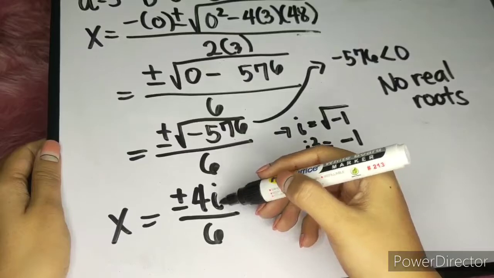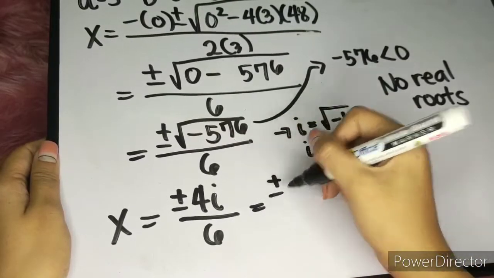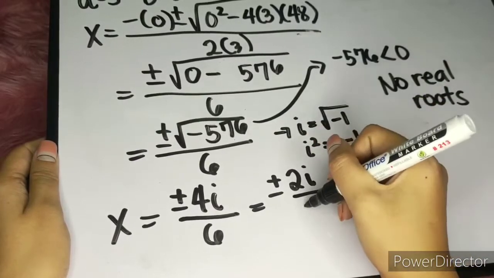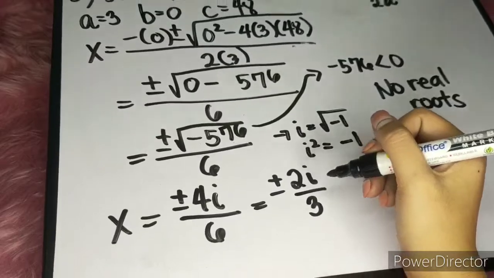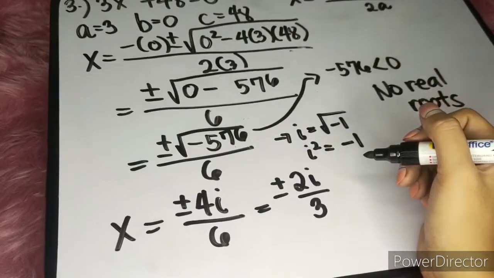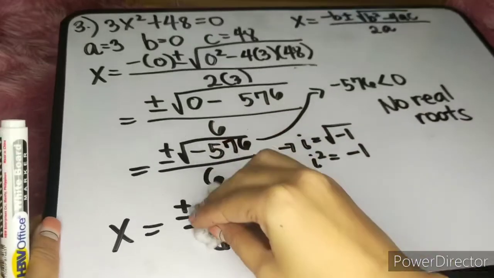May lowest term pa yung 4 over 6. So, our answer is positive negative 2i over 3. Ay, wait lang, 24 pala, sorry. Naging 4 lang to.